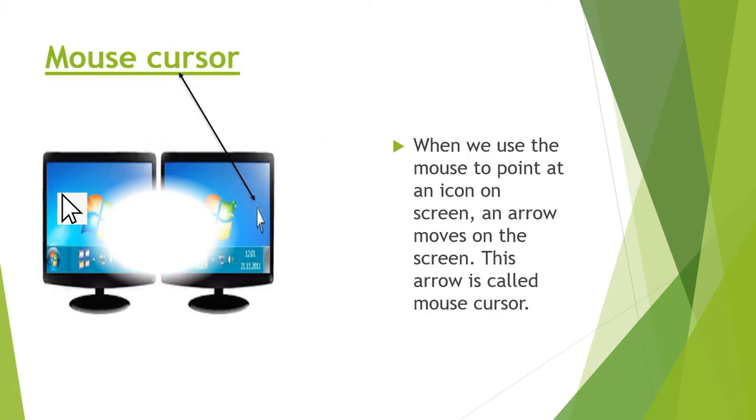Children, see on the screen, this is a cursor. When we want to type a text, the cursor looks like a thin vertical line that blinks. This is called the text cursor.